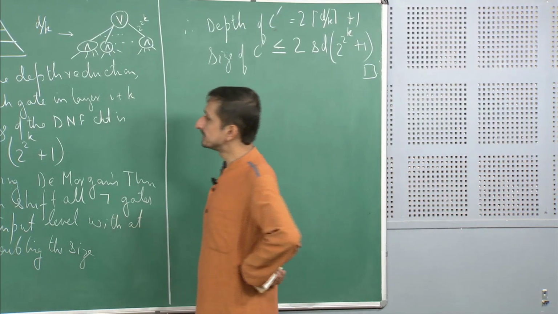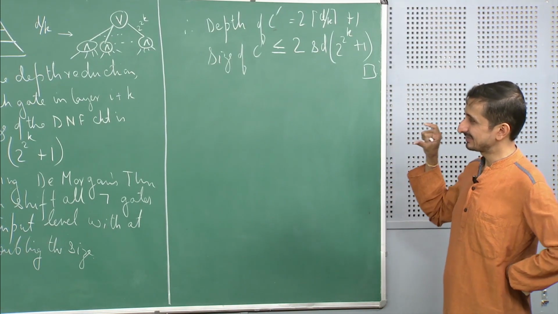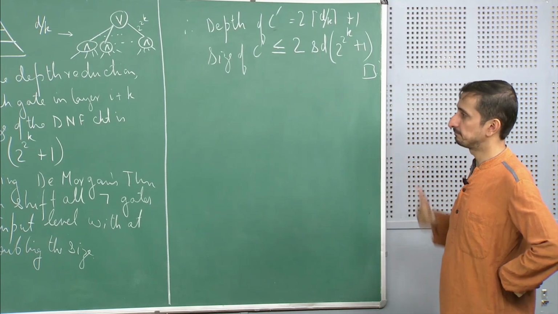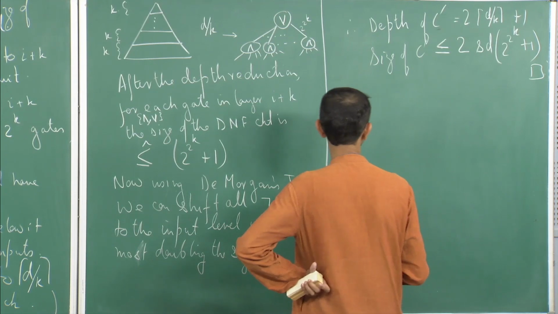As I said, the idea is actually quite simple. It is just replacing some small depth with a corresponding DNF formula or DNF circuit.